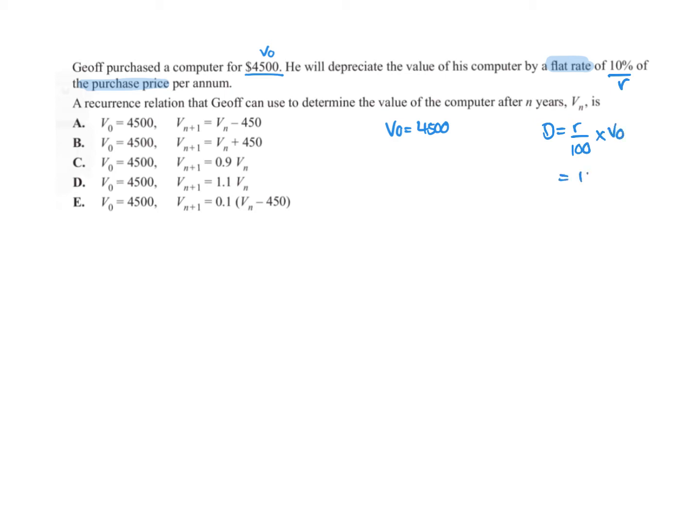So here it'd be 10 over 100 times 4,500. So that's going to be 450. And this is flat rate. So remember, when we write our recurrence relation, it's VN, and then you write minus your D value because we're depreciating. It's going smaller. So which one is the answer for this one?